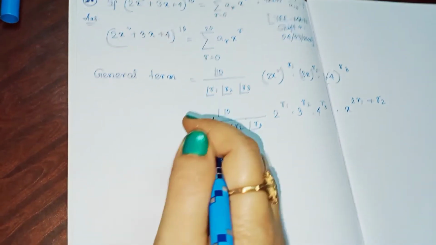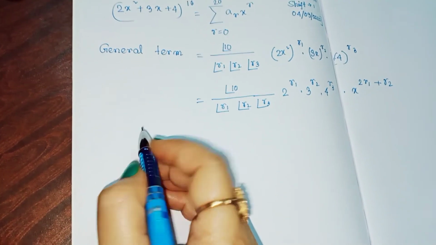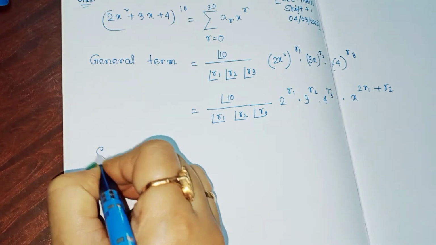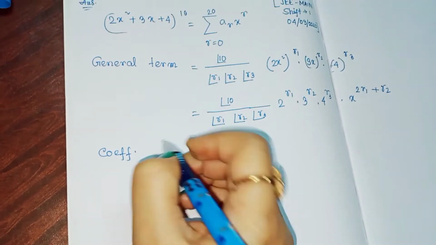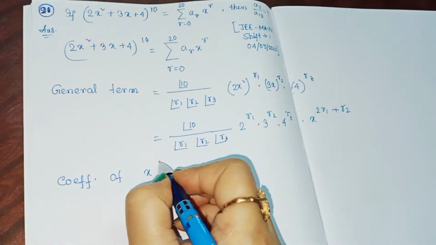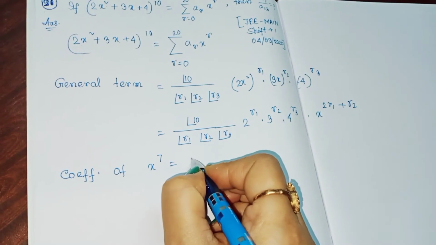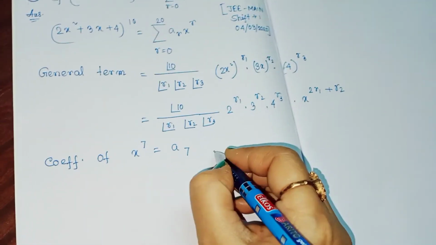Now the coefficient of x to the power 7 is a_7.